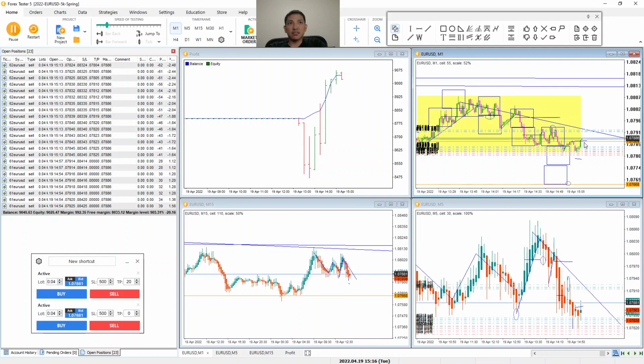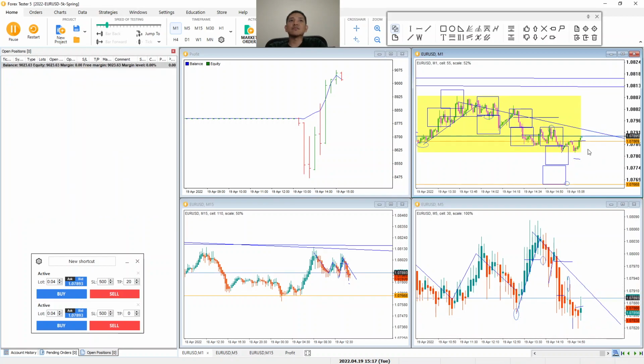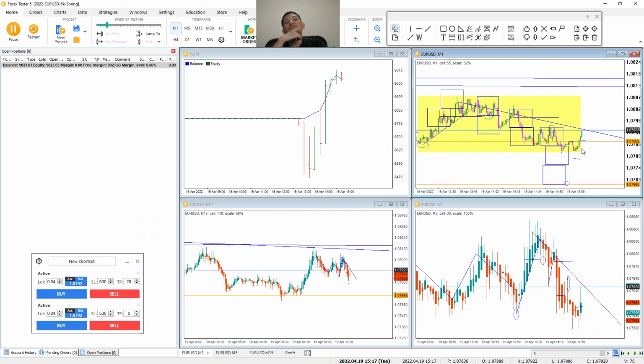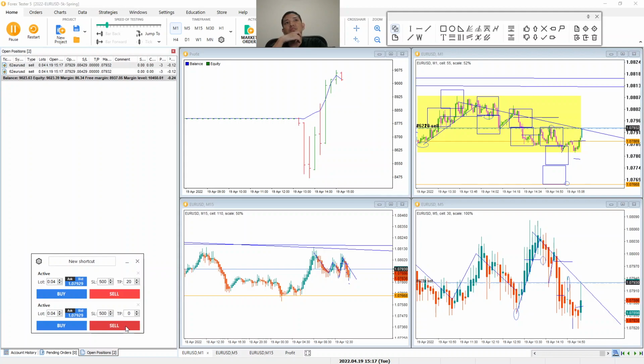So with that, usually I want to get out, and it looks like it wants to bounce up again. So I got out, profit, and now I rebuild and recycle my sell position.